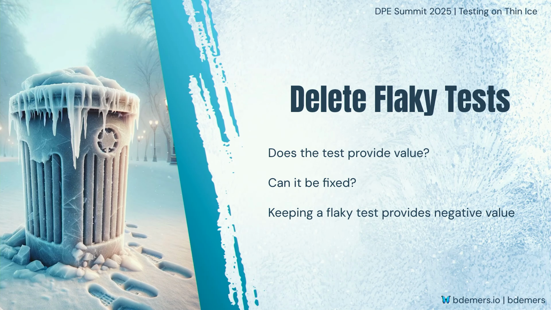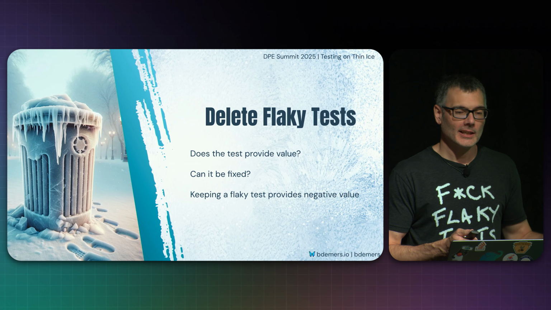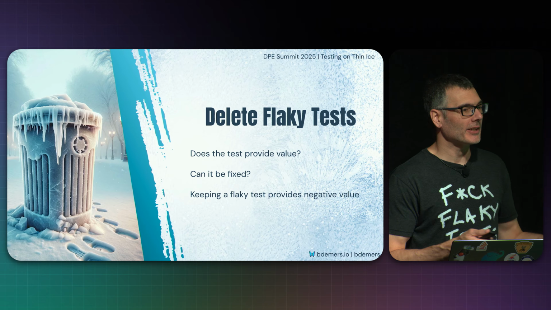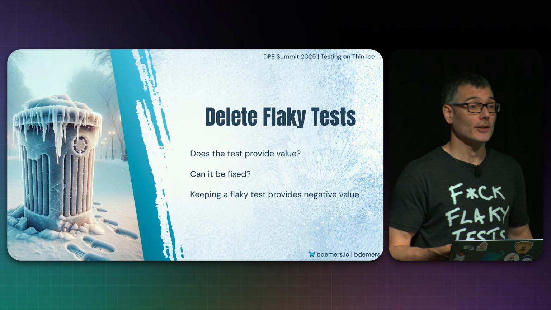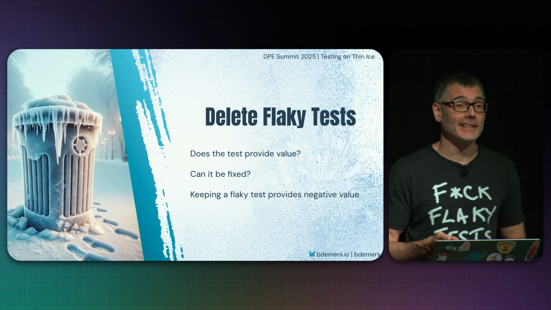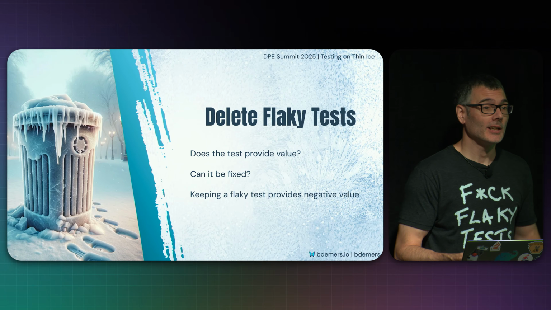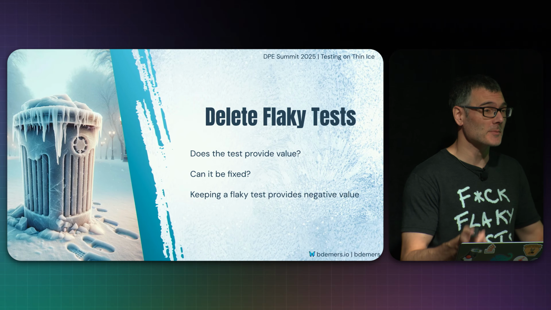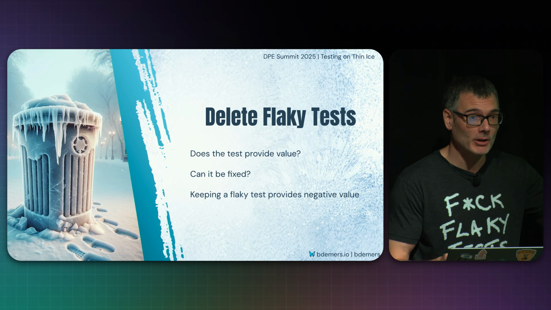All right, so in a perfect world, right, we would fix all of our flaky tests, right? So it hurts me a little to suggest, if a test is constantly flaking, it probably doesn't provide a lot of value, so you can also delete it, right? That's okay to delete tests that aren't providing value. If you have code in your code base that doesn't provide value, do you have any problem getting rid of it?